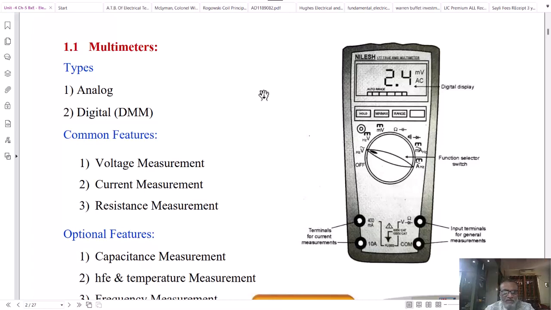Whereas digital multimeters, also called DMM, use a combination of internal analog circuit plus digital processing circuit. And the output is displayed mostly on an LCD screen or LED screen digitally.